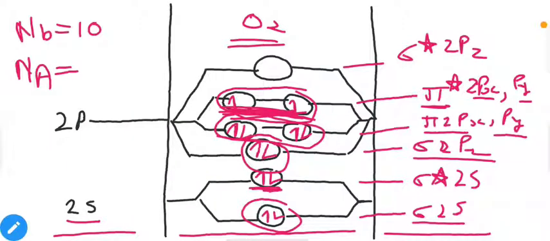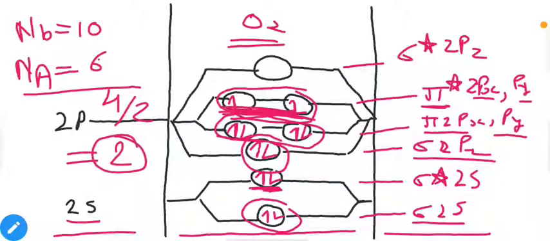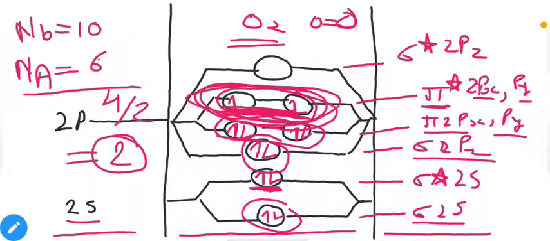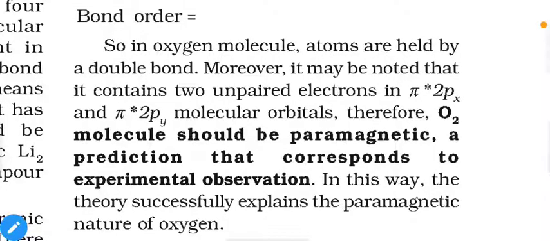So 4 electrons here and 2 in the previous. So a total of 6 electrons in antibonding orbitals, and the total number of electrons is 16, as it should be. So we have a difference of 4 electrons divided by 2, which means a double bond. So the O2 molecule contains a double bond, and we know that. And this molecule also contains single electrons, so that means it should be paramagnetic, and practically we can verify it, which is mentioned in this case as well.